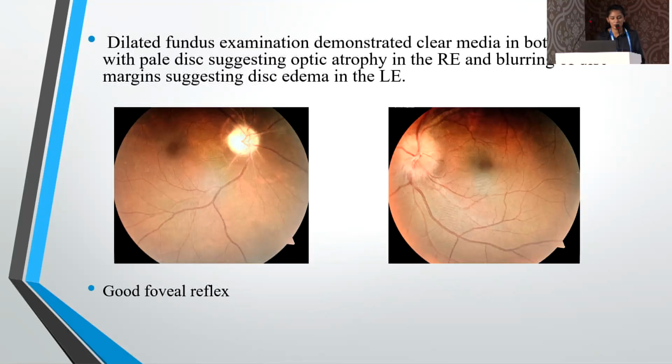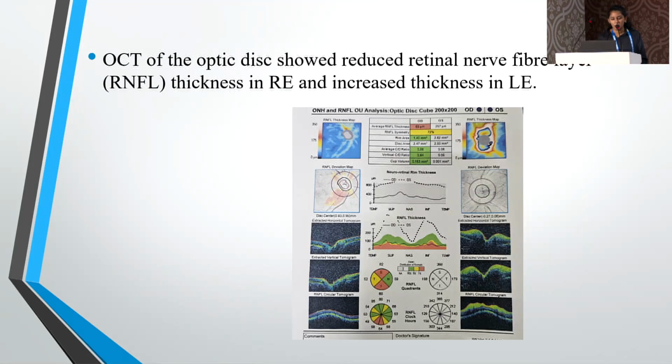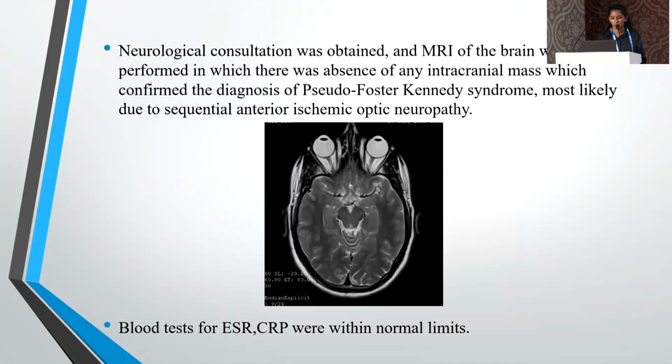Dilated fundus examination demonstrated clear media in both eyes with a pale disc suggesting optic atrophy in the right eye and blurring of disc margins in the left eye suggestive of disc edema, with a good foveal reflex noted in both eyes. OCT of the optic disc showed a reduced retinal nerve fiber layer thickness in the right eye and increased thickness in the left eye, correlating with the disc edema.